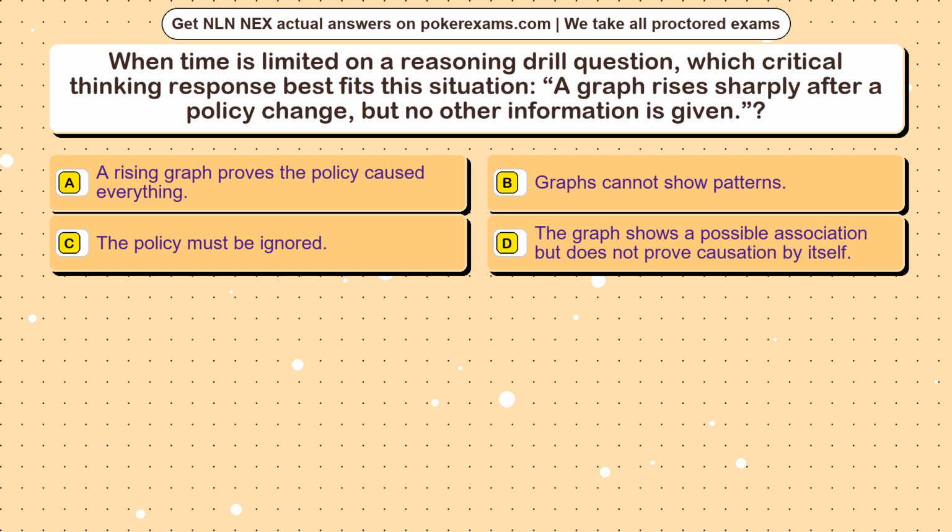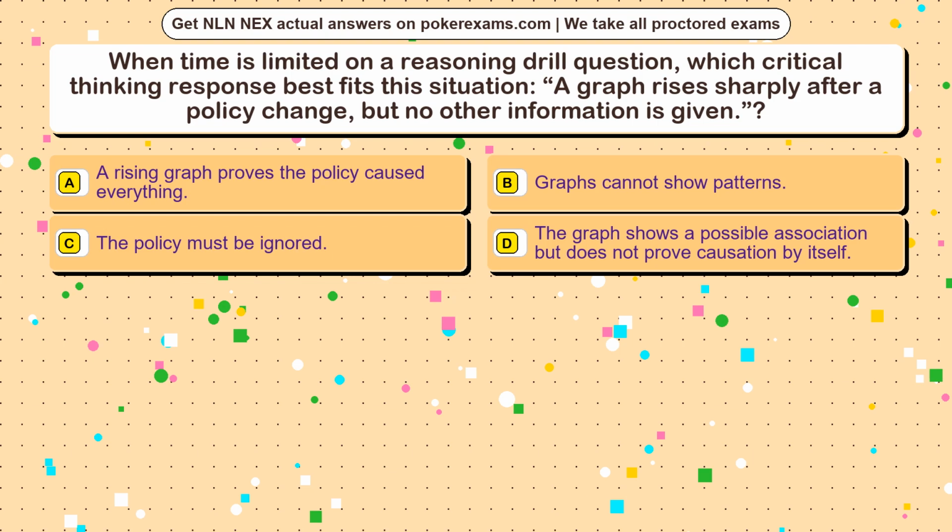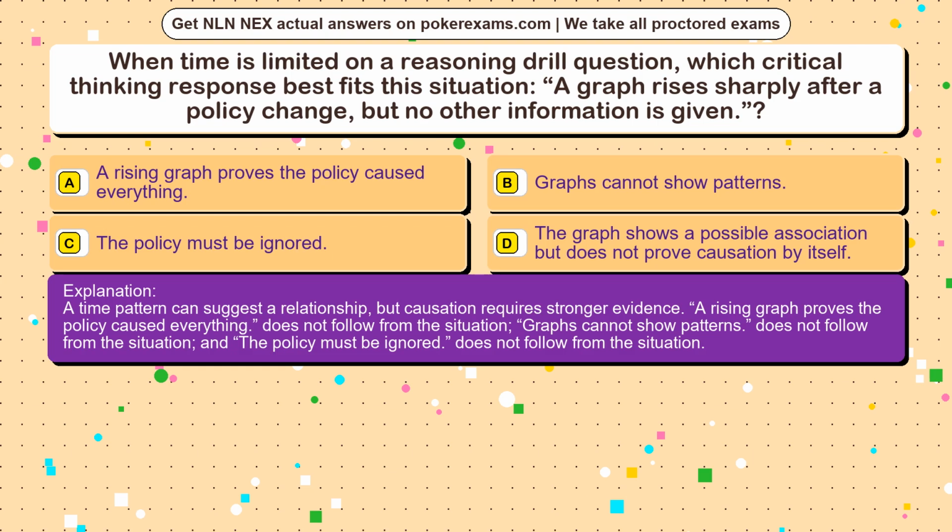Option D. The graph shows a possible association but does not prove causation by itself. The correct answer is option. A time pattern can suggest a relationship, but causation requires stronger evidence. A rising graph proves the policy caused everything, does not follow from the situation. Graphs cannot show patterns, does not follow from the situation, and the policy must be ignored, does not follow from the situation.